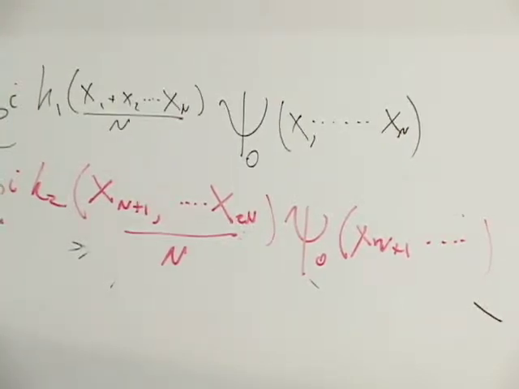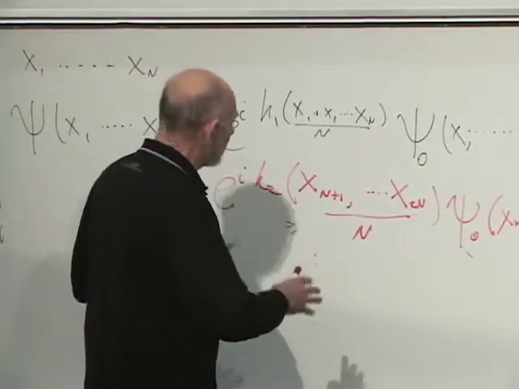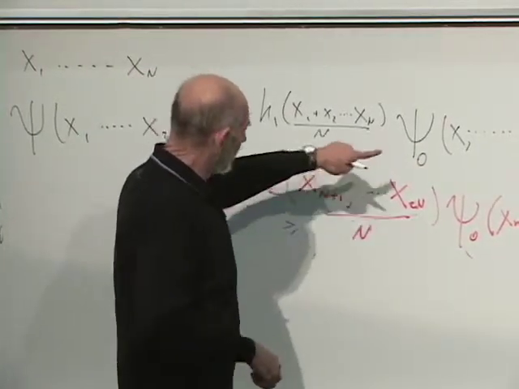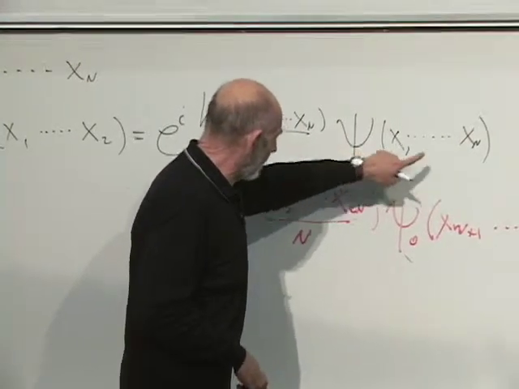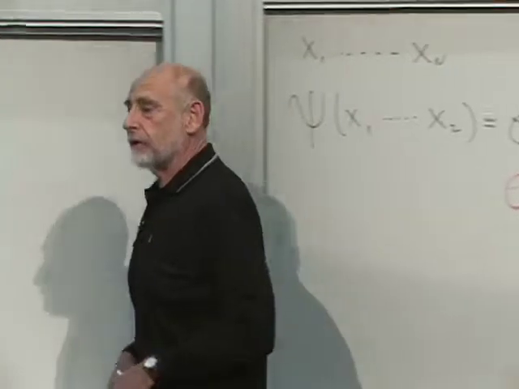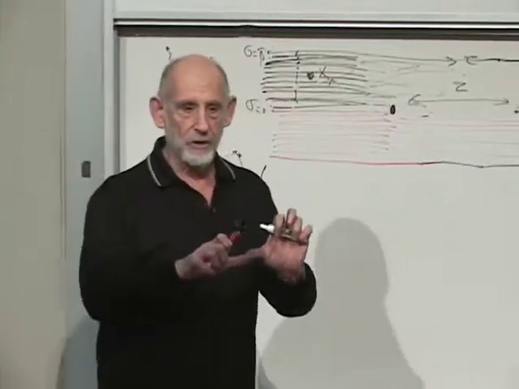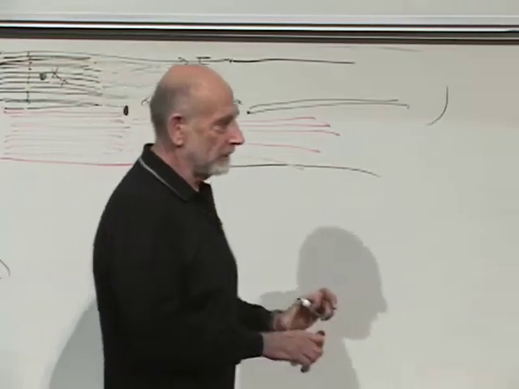Now, that's the initial state. But now you say with some probability, the two endpoints merge. To say that the two endpoints merge simply says that you set xn equal to x(n+1). You look for that piece of the wave function where the two endpoints are at exactly the same point.